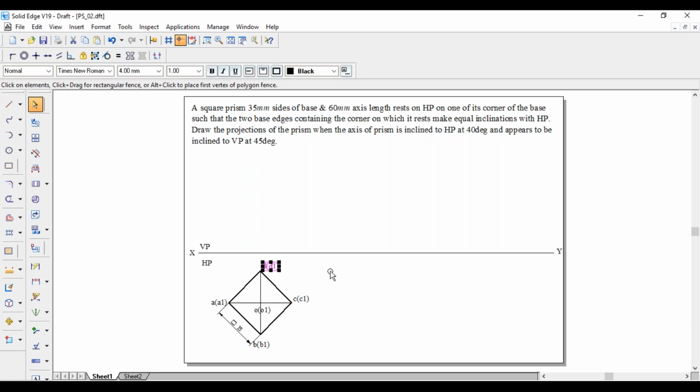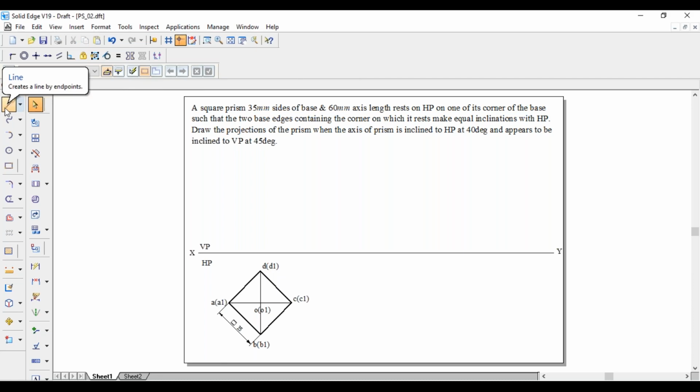Now projecting the points in upward direction from this corner to XY line. All these three are on the same line, from here to here and from here to here. Now, the axis length is 60 mm.